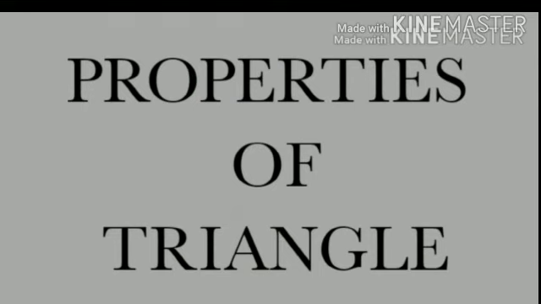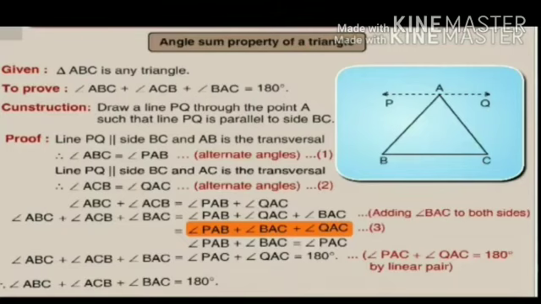Let's see some properties of triangle. Now the first property is the angle sum property of a triangle. Given triangle ABC is any triangle, as you see in the diagram. Now what do we have to prove? We have to prove that angle ABC plus angle ACB plus angle BAC is equal to 180 degree.